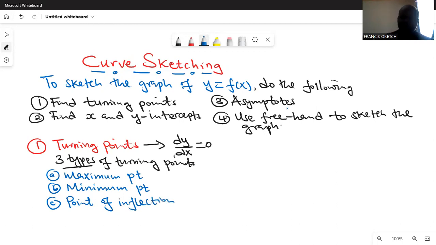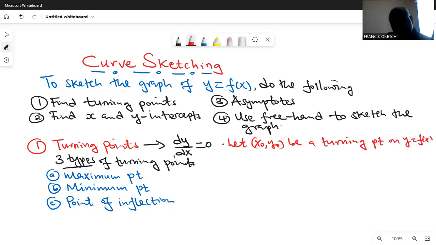So when you know the turning point, how do you classify the point? Normally, we use the second derivative test to classify the turning point. Let x naught, y naught be a turning point on y equals f of x on this curve.